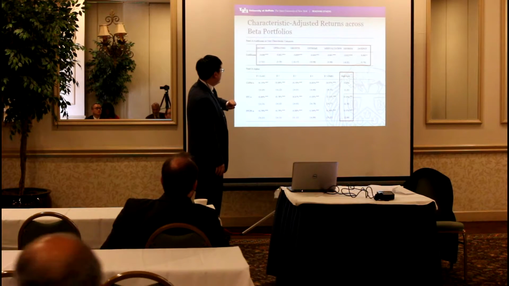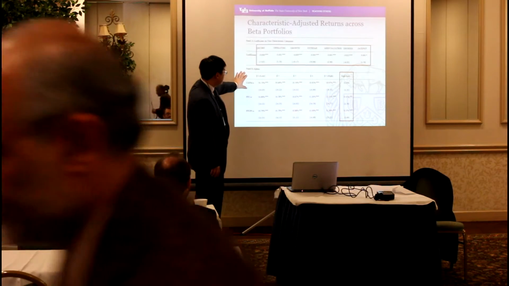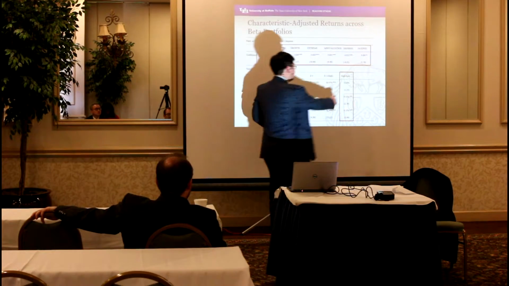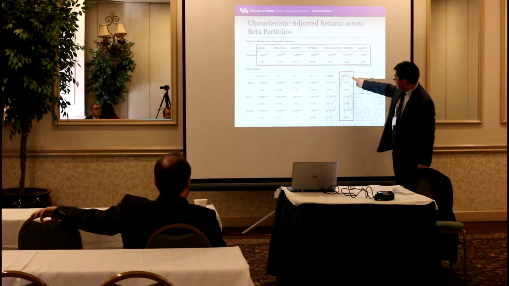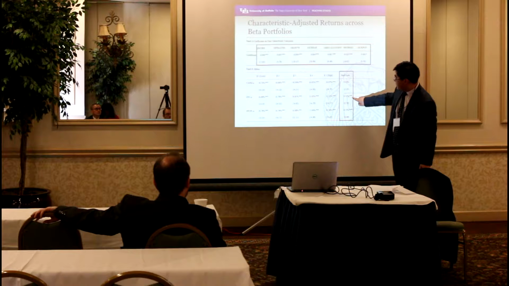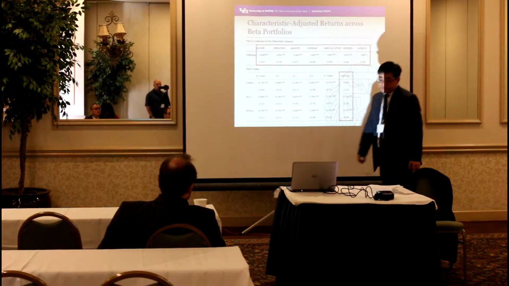Further, when we control for both risks and the firm characteristics, the Hammer-Slow portfolio generates significant and positive abnormal returns, which is consistent with our argument that the anomaly can be explained by the firm characteristics.